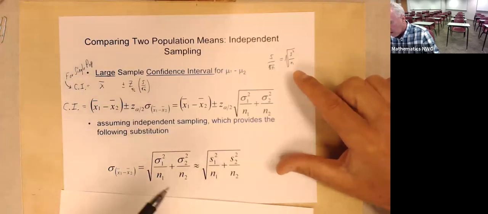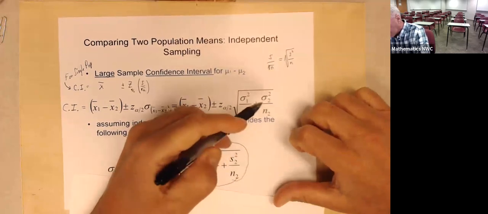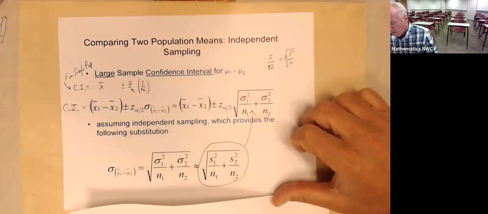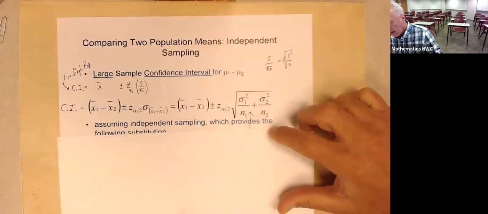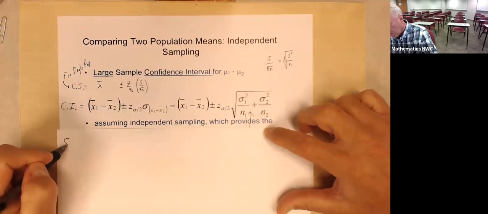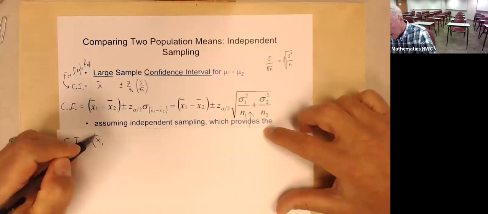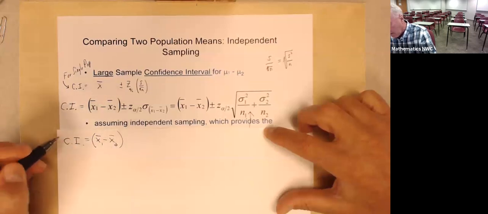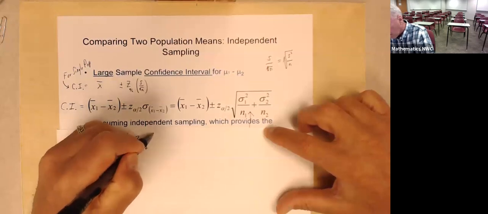For most of you, you're going to take this expression right here, and that's the expression you're going to use for that radical over there. So to make sure we have that down, I would expect that you would be able to say, my confidence interval is going to be X1 sample mean minus the sample mean from the second sample, plus or minus our z-score, alpha over 2.